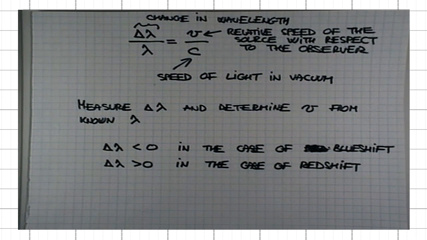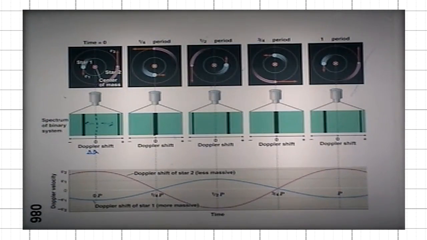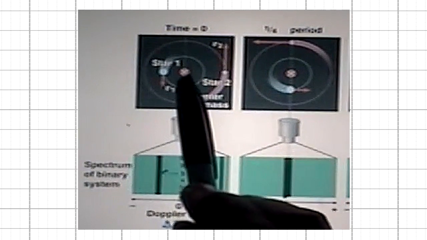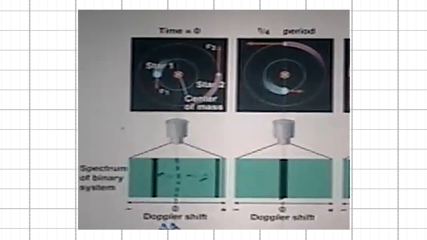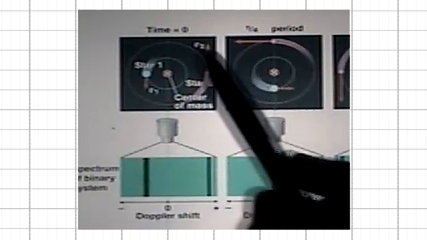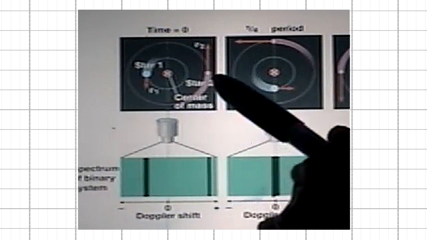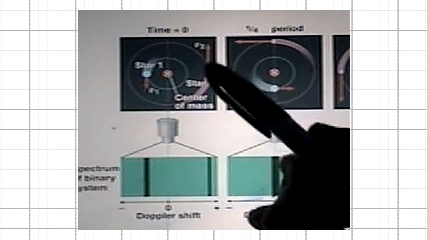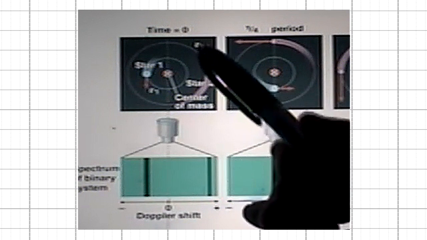Well, this is illustrated in the following overhead. So I have two stars that are orbiting around their common center of mass, okay? And at this particular time, star 2 is moving away from me. It's receding.